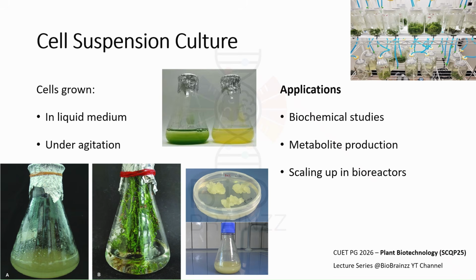Cell suspension cultures are extremely important for biochemical and physiological studies because they provide a relatively uniform population of cells that can be sampled easily. From an industry point of view, they are widely used for large-scale production of secondary metabolites in bioreactors, similar to fermentation tanks used in microbiology. For CUET-PG, associate cell suspension culture with metabolite production and scale-up in bioreactors.